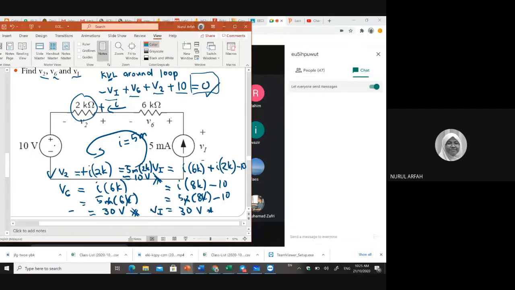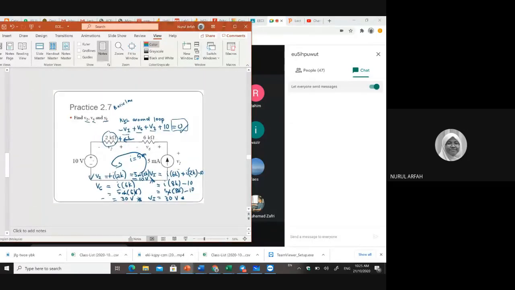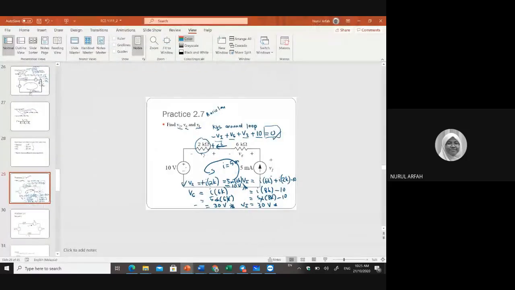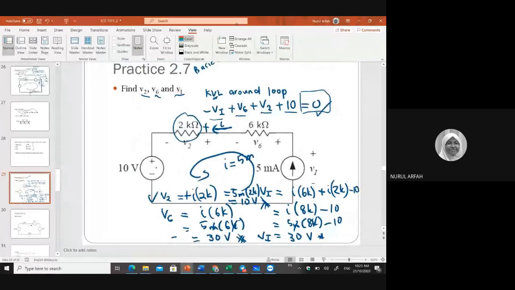Plus 10, because I is in this direction, right? Do we have the answer here? I don't have the answer, but this is a plus according to the passive sign convention. And how about V1? V1 here also 30, a plus.